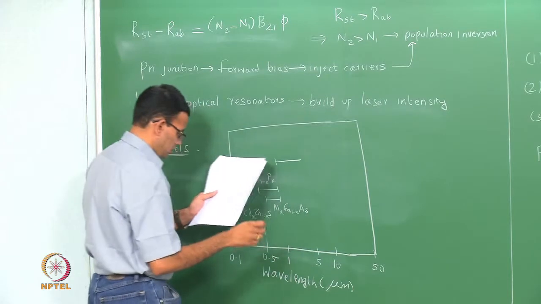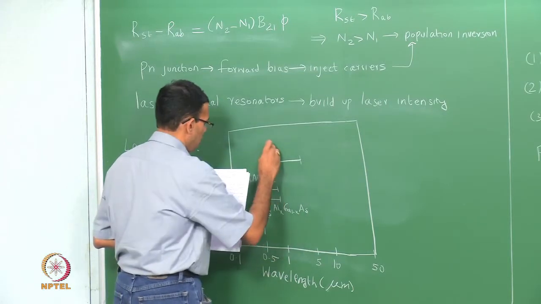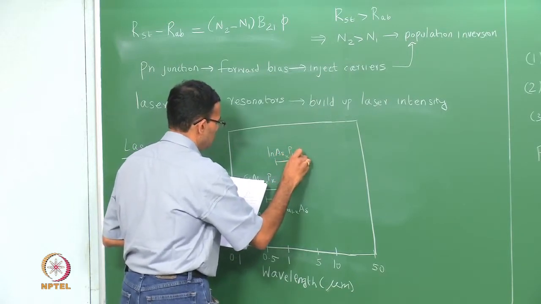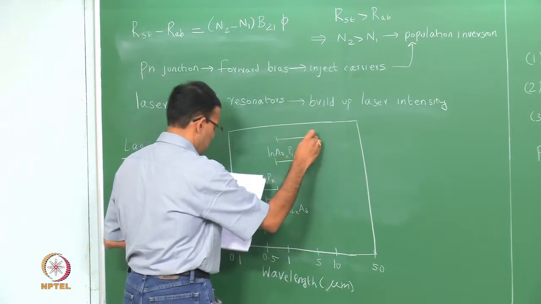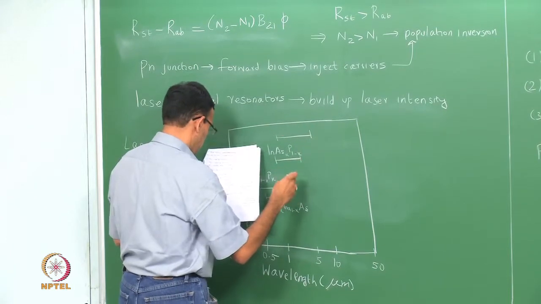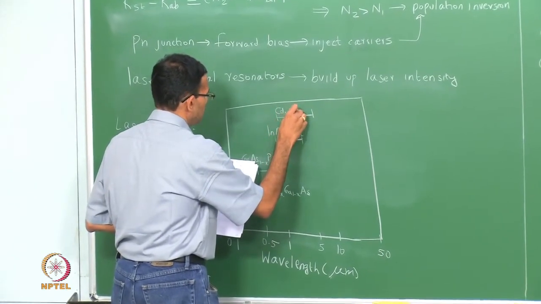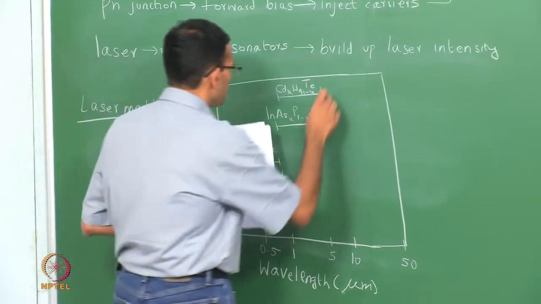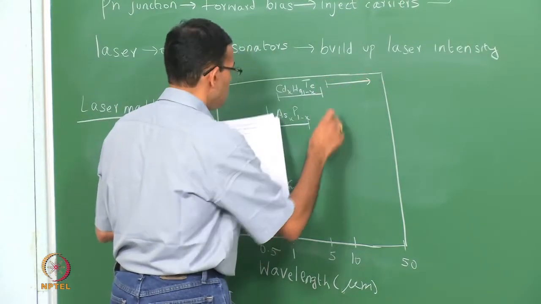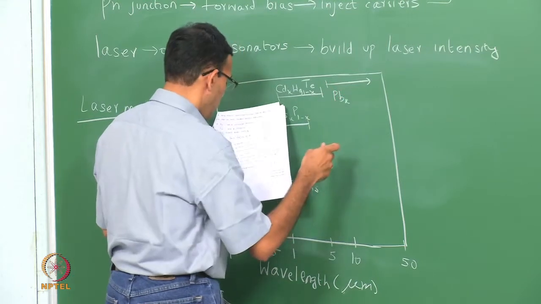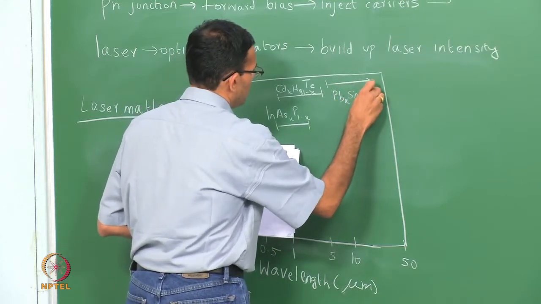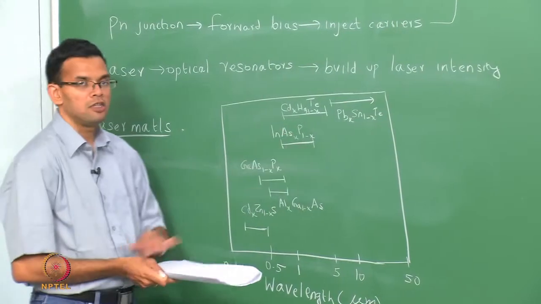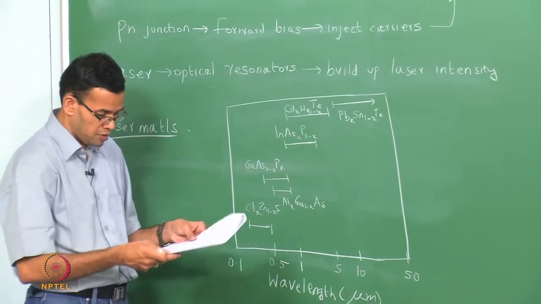For the higher wavelengths or the lower band gaps, you can again have indium arsenide based materials. Cadmium and mercury. So, this is not a complete list. There are a whole bunch of other materials that can be used, but this gives the operating wavelengths of some of the common materials.